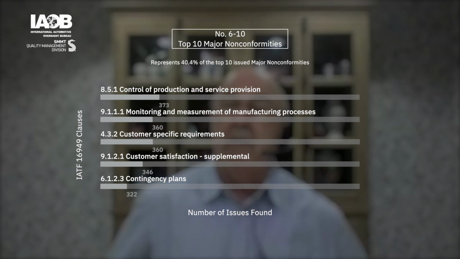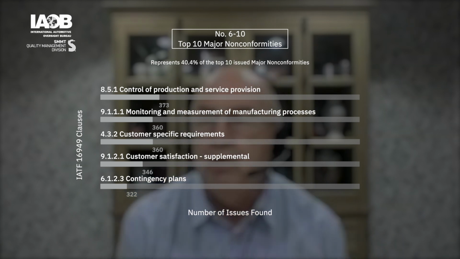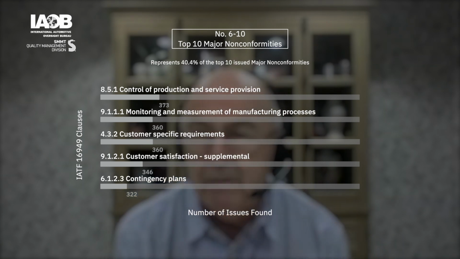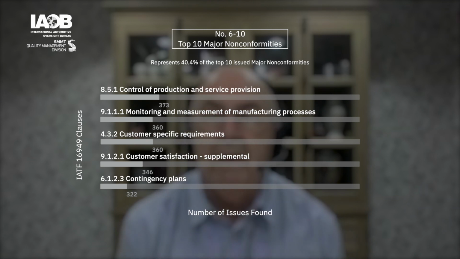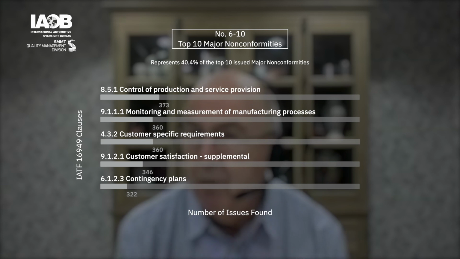Number 9, 9.1.2.1, which is about customer satisfaction and ensuring that we are monitoring satisfaction levels with our customers. And then finally, partly maybe driven by the global COVID-19 pandemic and also by supply shortages, but as Niall said, also by sanctioned interpretations, we see contingency plan forming number 10 in the major nonconformity ranking list.